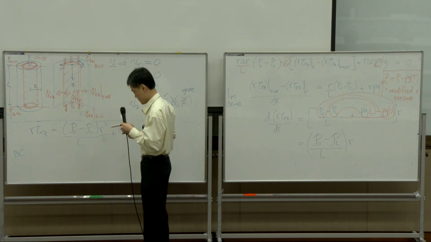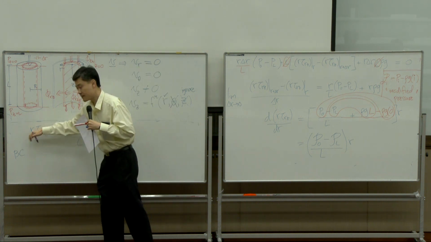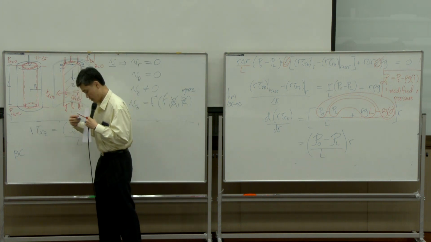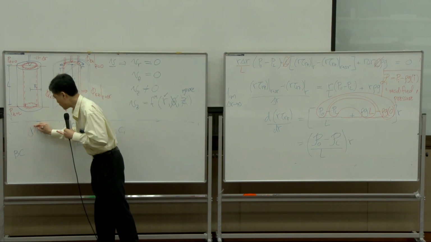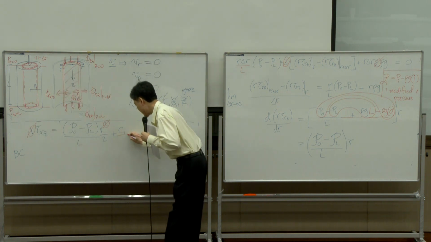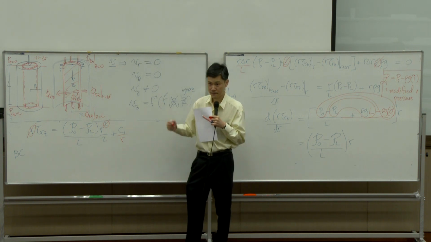I will say that if I divide the whole equation by r, this r will be gone. Let's remove this r. Square here will be gone. And then I have r as a denominator here.